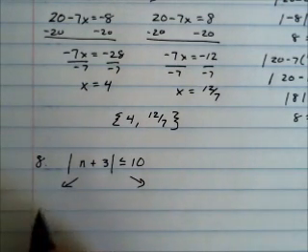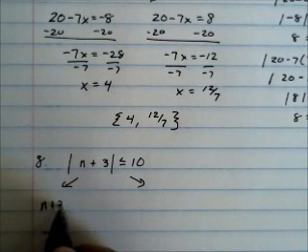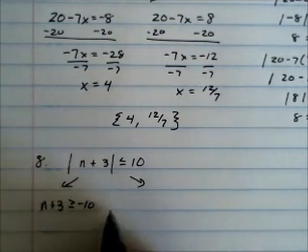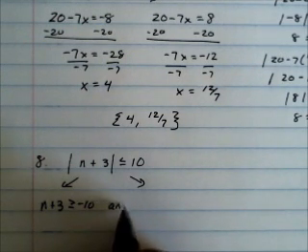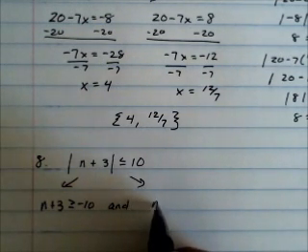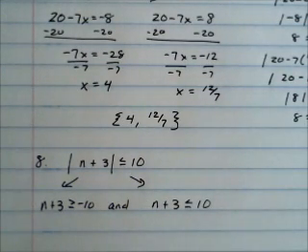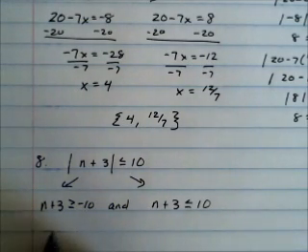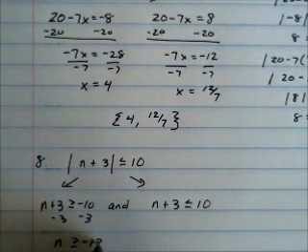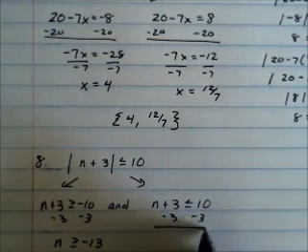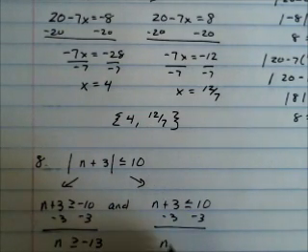The left arrow, n plus 3, is greater than or equal to negative 10, and our right arrow, n plus 3, is less than or equal to 10. And solving, subtracting 3, n is greater than or equal to negative 13. Subtracting 3, n is less than or equal to 7.